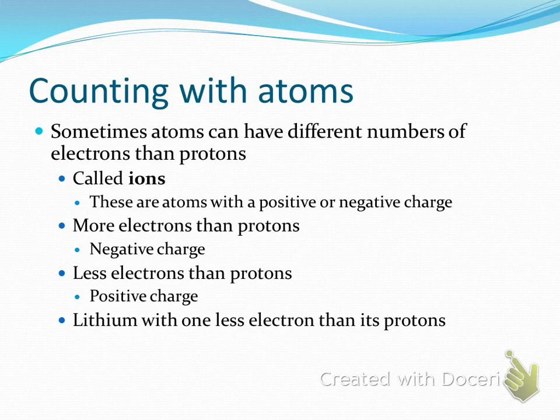Okay, so let's think about that. Lithium itself is Li, and we know that it has one less electron. So does that mean it will have a positive charge or a negative charge? Positive. It's going to have a positive charge, and it's a positive charge of what value? 1, right? Because we're only one difference.